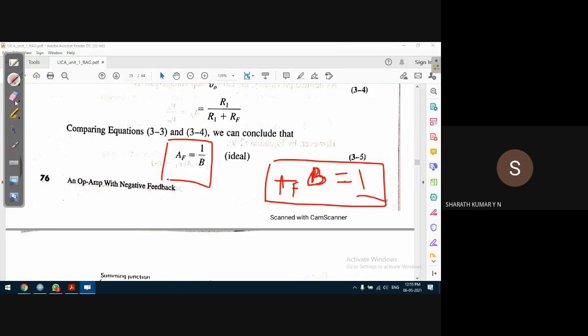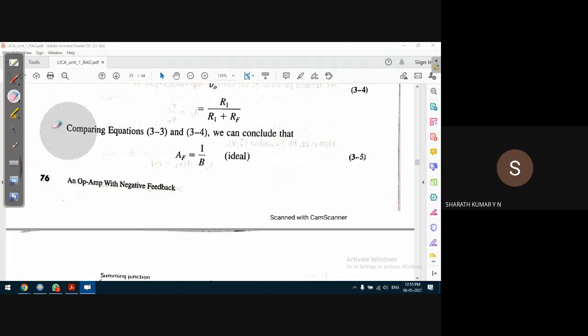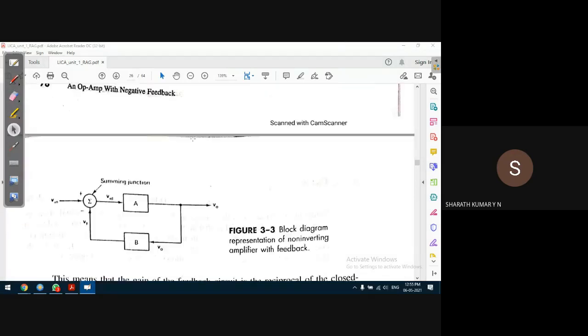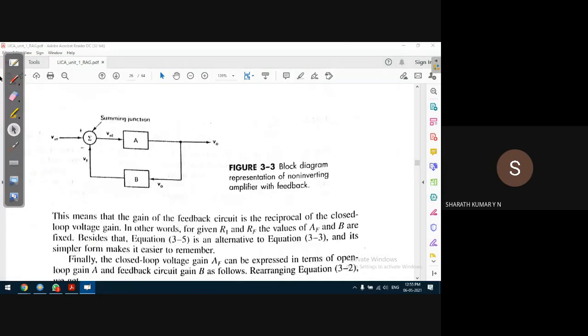This condition we have to follow, and it is useful for various applications that we will see. In terms of a block diagram, A is the gain of the operational amplifier, the input is the differential voltage, and the feedback gain is B. So we can represent it as A into B is equal to 1.